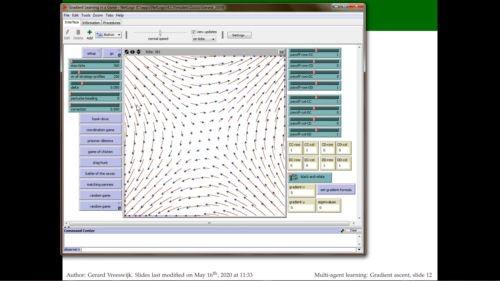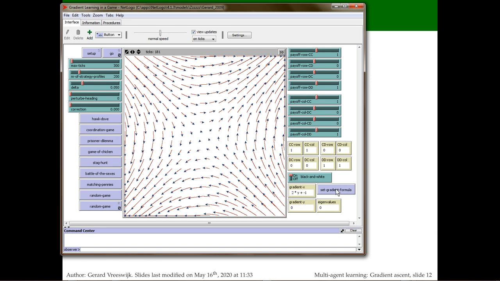And here the first player barely wants to coordinate, but the second player desperately wants to coordinate, then both players will not coordinate. They will be attracted to this point, you see.